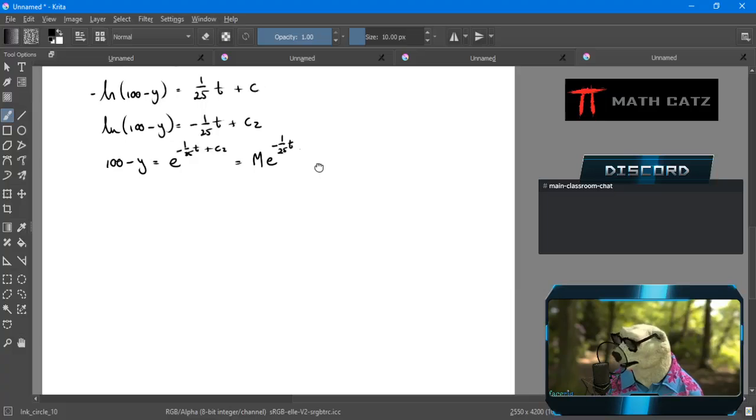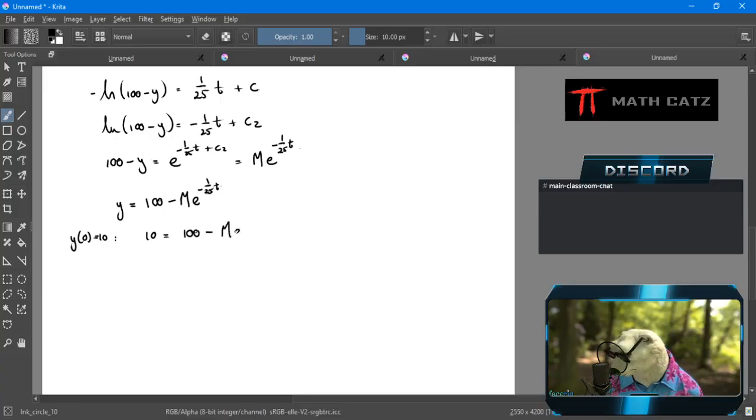Now, a little bit different to what we had before, I can solve for y first, perhaps. Y is going to be 100 minus m e to the negative 1 over 25 t. And then we can use the fact that initially I have 10 pounds of salt. So I plug in the 10 into my general solution, and that gives me my integration constant value.